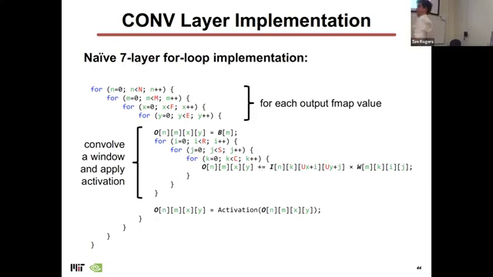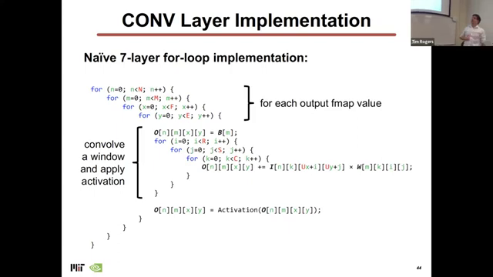You're multiplying all of the filter values by all of the input image activation values, and then adding them together with whatever you did on the last iteration. Once you're all done, you have to do the activation. The activation function takes whatever floating point value or integer value or data type you're using, and applies this function to it.